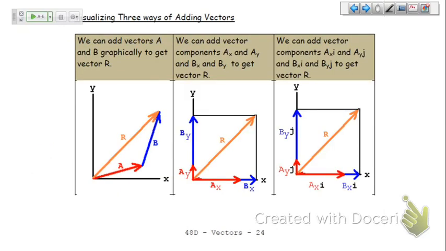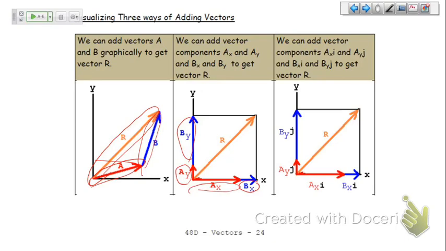If we look at adding vectors together, we've got basically three ways. We've done it graphically. We did one vector plus the other vector, and we got our resultant answer, and we learned how to do a vector diagram. Then we said, let's be a bit more mathematical, so let's practice breaking vectors up into components. We had the x component for the red vector and the y component for the red vector, and then we added the x component for the blue vector and the y component for the blue vector.